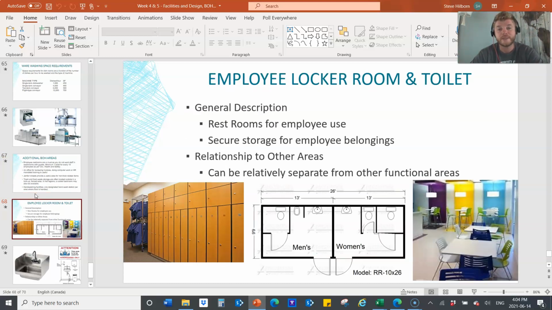The employee locker room and toilet, again, I said, try to have 2 washrooms and then an area just for people to store their stuff. In all of these restaurants that I've been to, there's hardly ever enough room for the employees to have a locker room, to have their own area.